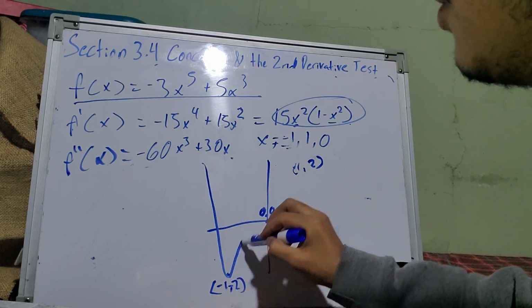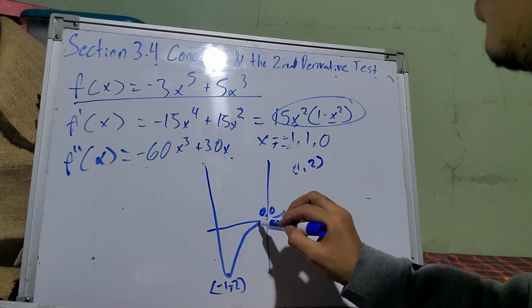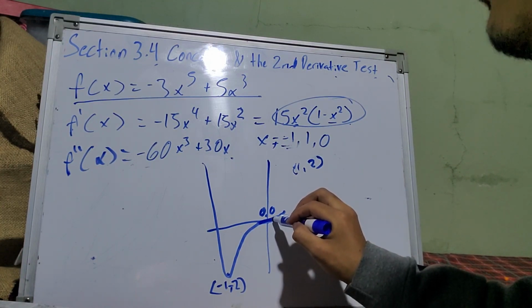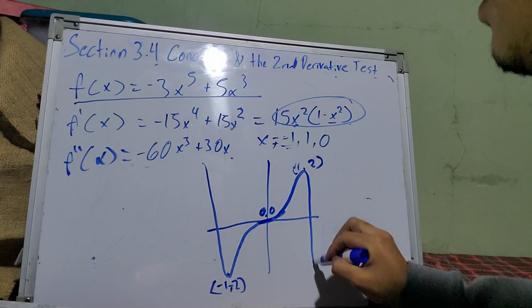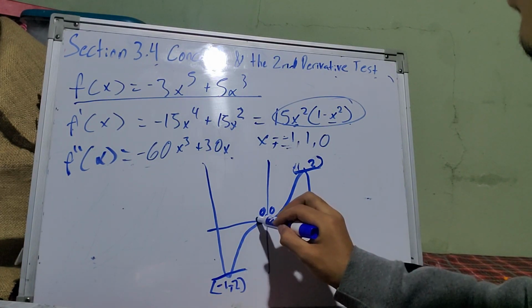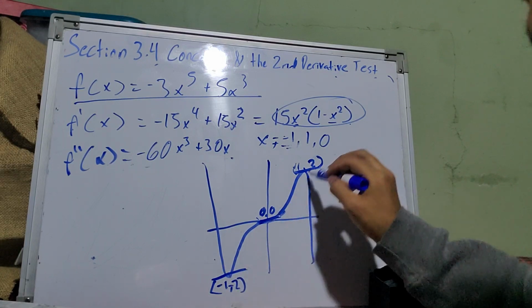And the graph is shown to be increasing from left to right. And this will present us with our max, our min, and something that is neither max nor min.